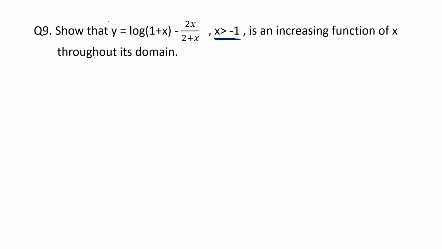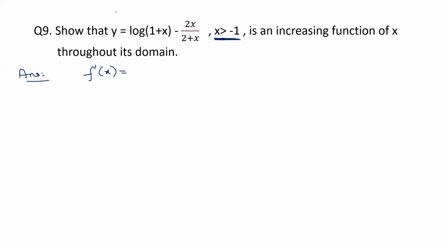Done, sir. Okay, Nabil, very good. Nabil, can you tell me what value of f dash x you are getting? Sorry, f dash x is 1 by 1 plus x plus 1, so that is x plus 2 by x plus 1.